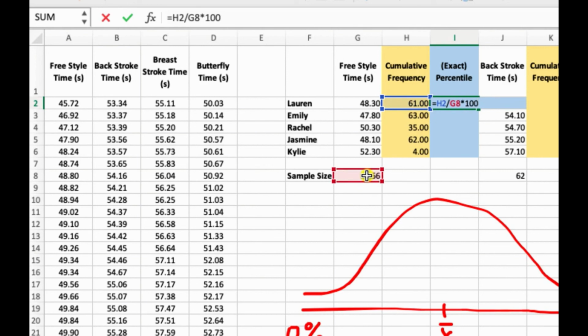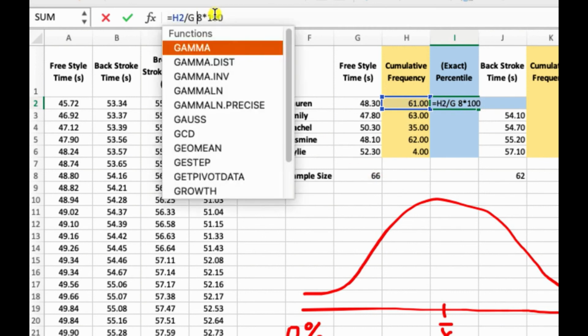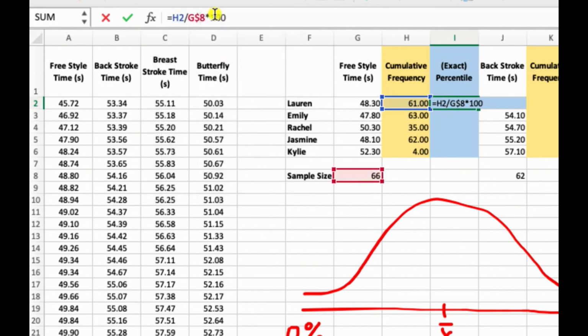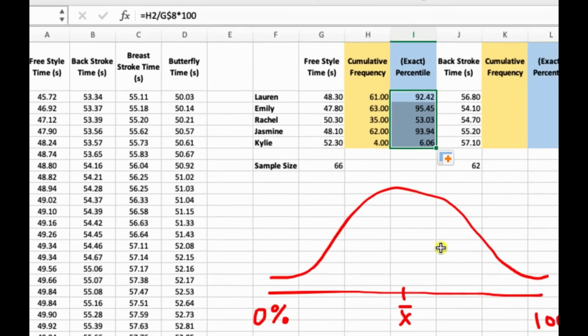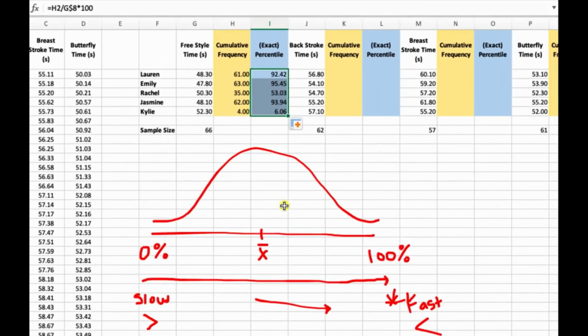Now we want the sample size to freeze in space, so we're going to do the same thing and put a $ sign next to the row reference so that it doesn't move when we copy this function downwards. And now we've calculated our percentiles for each of our subjects. So you can use all of those procedures that we just covered to calculate the cumulative frequencies and percentiles for the rest of the swim strokes.